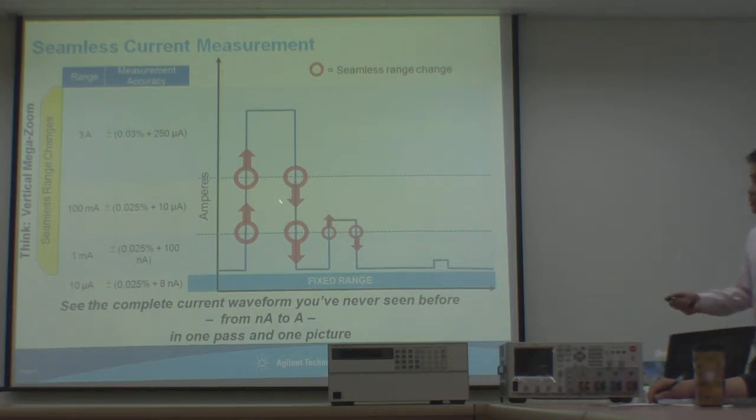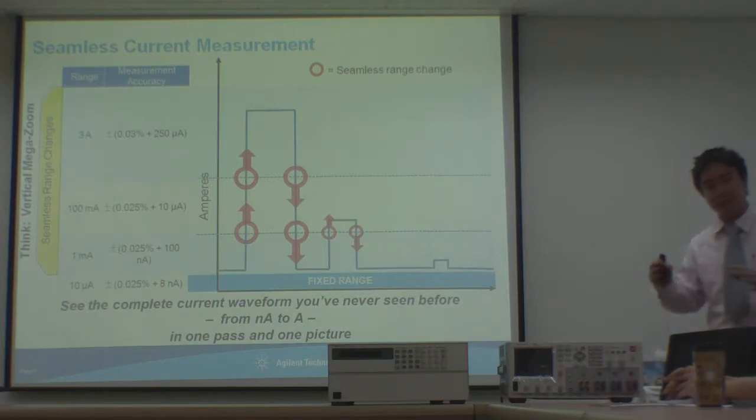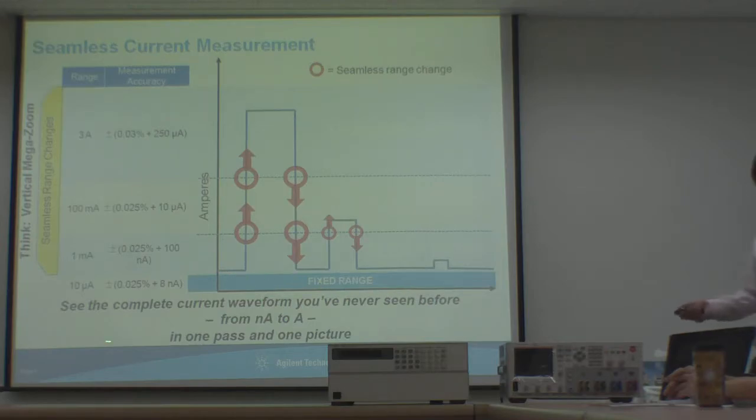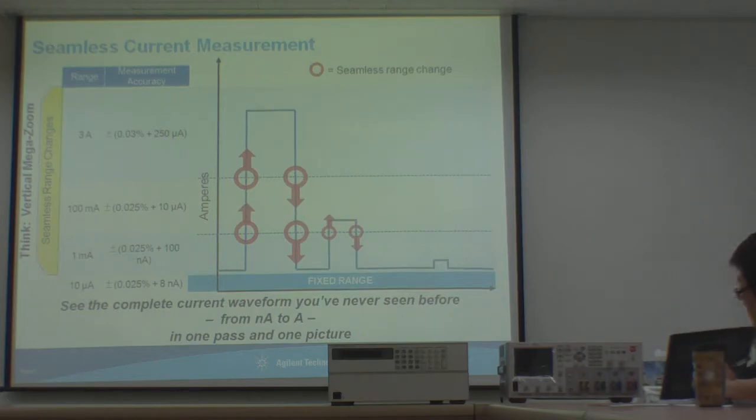Whatever point it is, it'll choose the range that has the highest accuracy and measure using it. So you get this entire current waveform in one single sweep, and you don't have to do 2 or 3 sweeps to get the different ranges for that same current waveform.